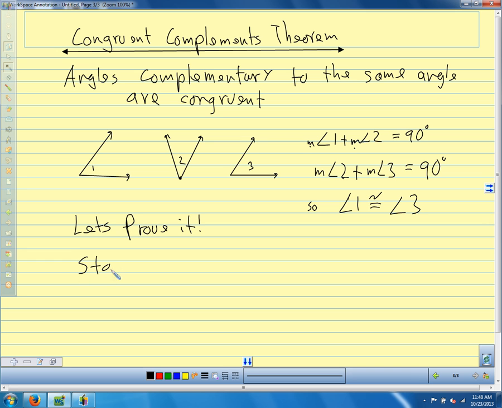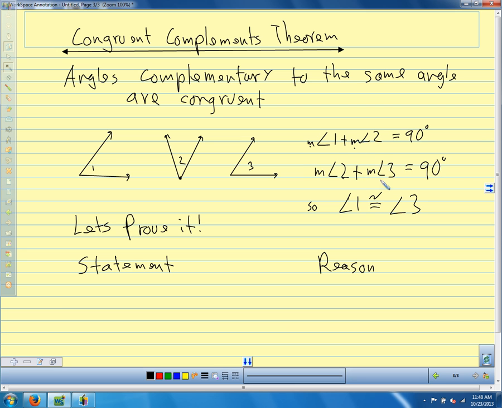So I'll put my statements here and our reasons over here. Does anybody see how we might proceed with this? The way I wrote the theorem almost tells us how we're going to do this. If we know that these two add to 90 and these two add to 90, what can I do with those two things?